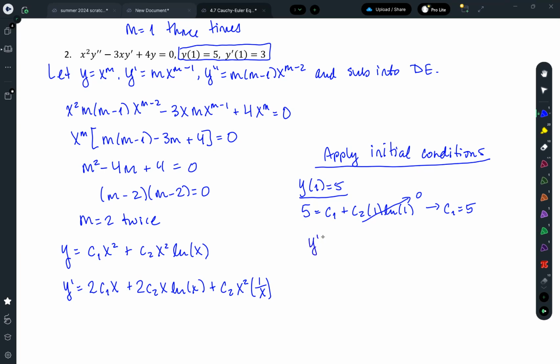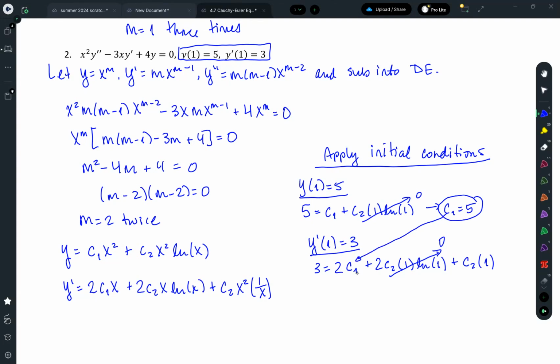We now look at y prime of 1 being equal to 3. That means 3 is 2c1 plus 2c2 times 1 times ln of 1 plus c2, x squared over x is just x, and that's just times a 1. And so it looks like the middle term is going to 0. We know c1 is 5.